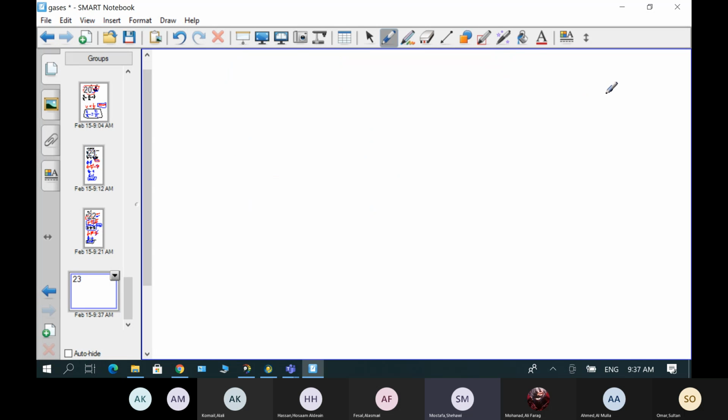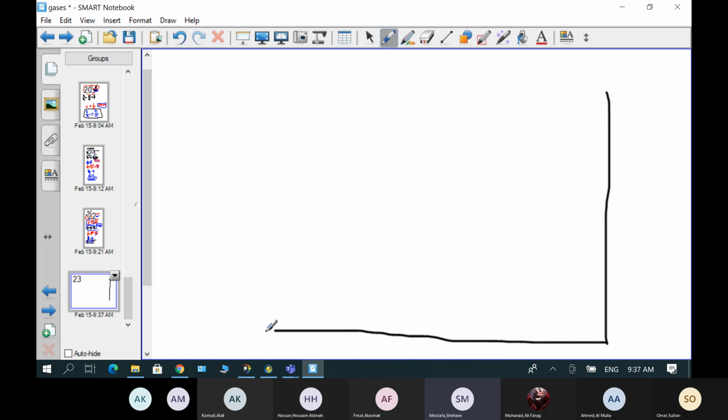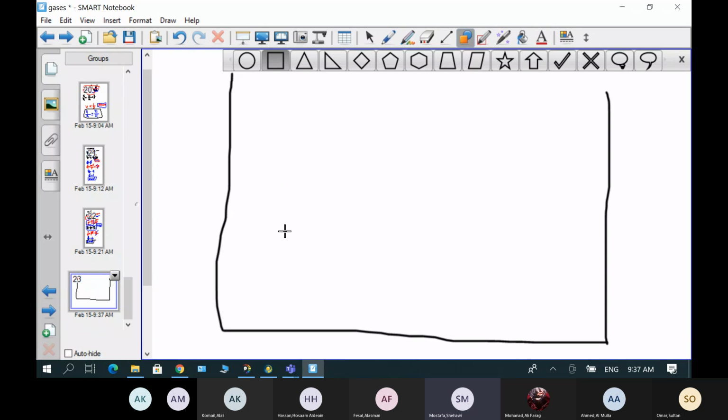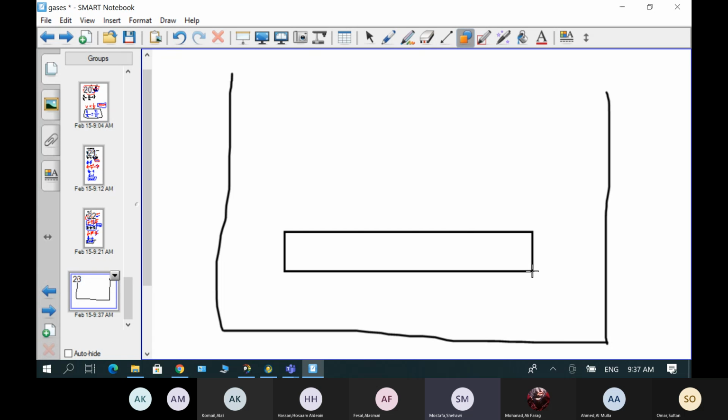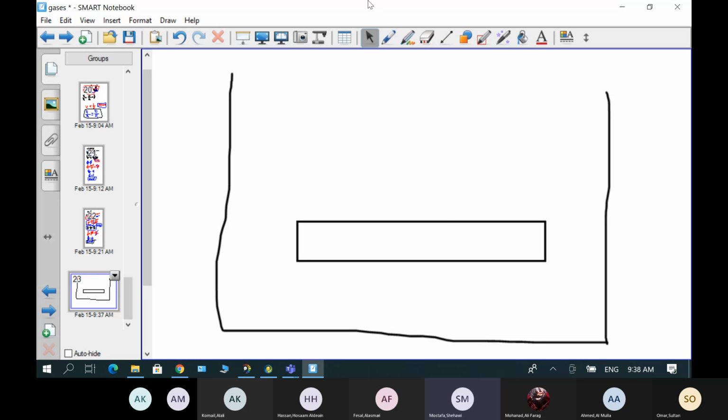You have a basin of water like this, and you have a brick. That's the brick. This is the side view of the brick, totally immersed in water, as you see right now, and that is the water level above the brick.